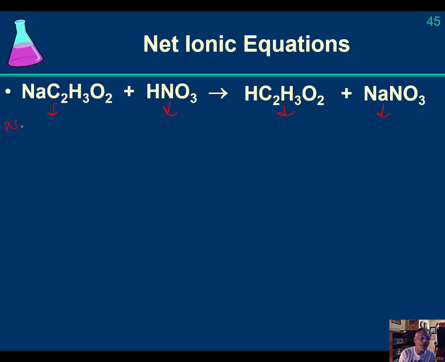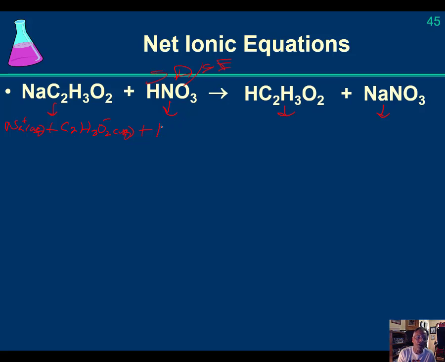So this is sodium cation, aqueous. It's a soluble strong electrolyte. The rule is this is acetate. All acetates are soluble. C2H3O2 minus, aqueous. This is a strong acid. Strong acids are strong electrolytes.